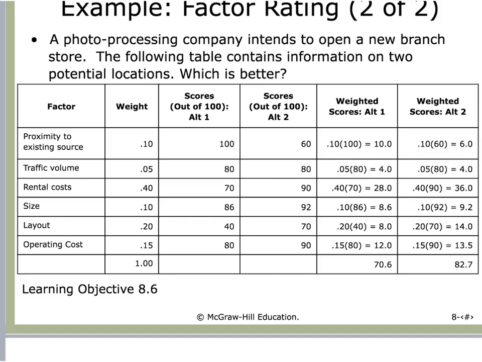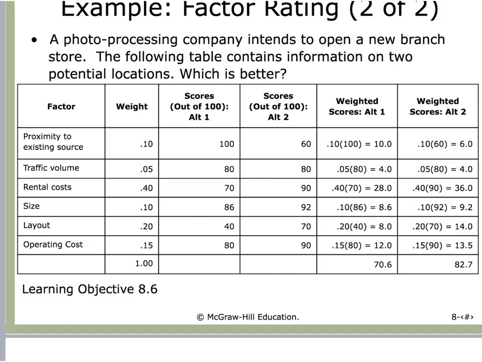Proximity to existing source is 0.1 times 100, giving a score of 10 for location 1, and 0.1 times 60, giving 6 for location 2. Traffic volume got equal ratings, so they both got 4 points. Rental is 70 times 0.4, giving 28, and for location 2, it's 90 times 0.4, and so on.